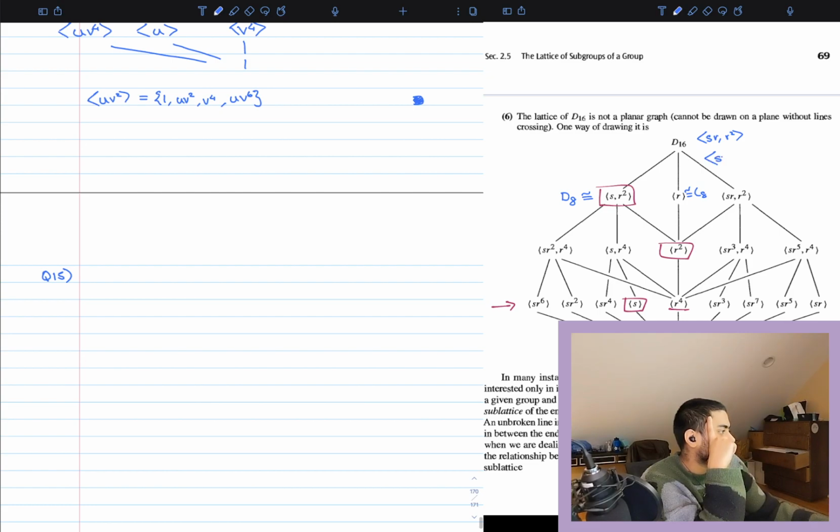So we can write this again as generated by two generators, where R² to the 4 is the same thing as (SR)² is 1. Now, is it the case that R² SR is the same thing as SR times R⁻², which would be SR inverse? Are these the same?